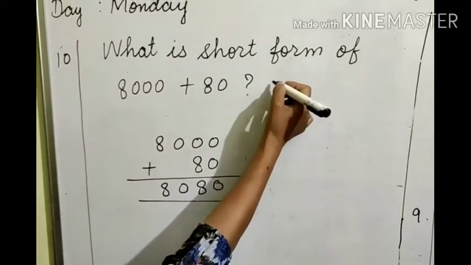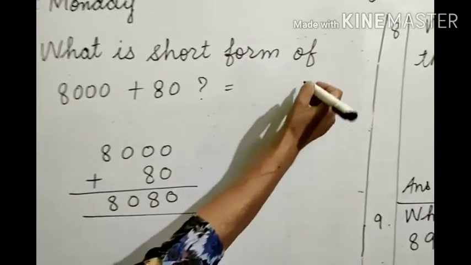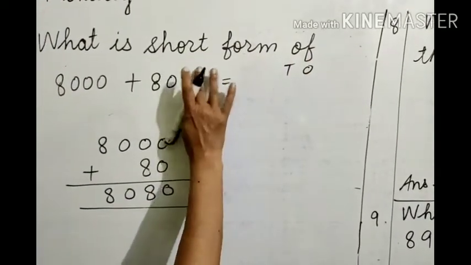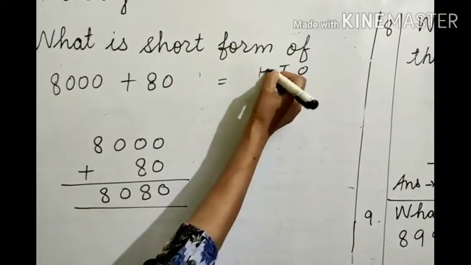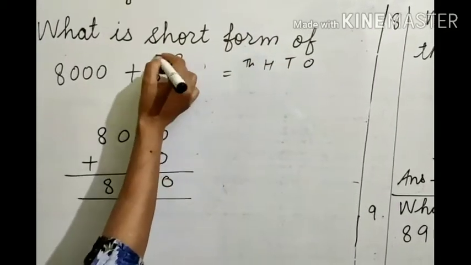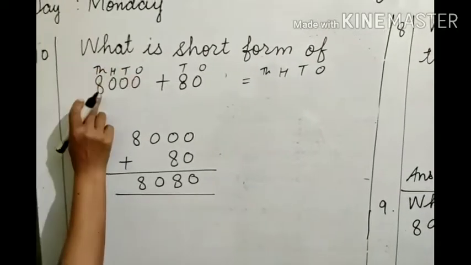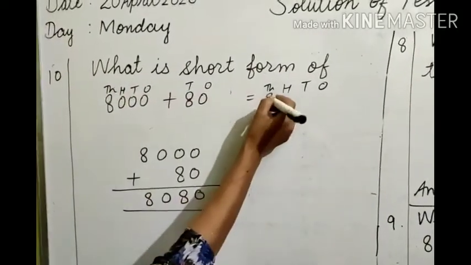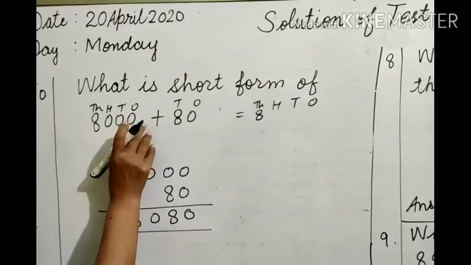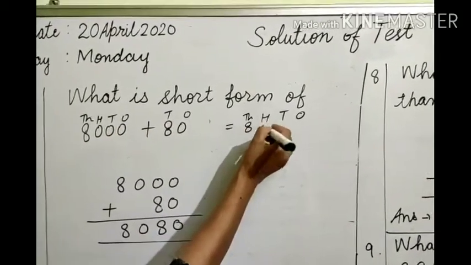Another way we can write the short form: ones, tens, hundreds, thousands. Non-zero digits we will write: 8000. No hundreds given, we will put 0.